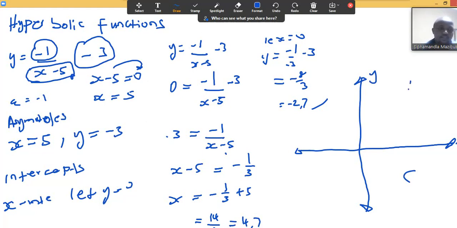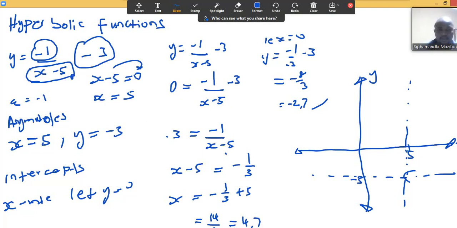Let's say our x is 5 is here, our asymptote is here, then we label this one as 5, and y is equal to -3. Let's say our -3 is there, and this is -3. Okay, and then we're looking at the asymptote. We have x is 4.